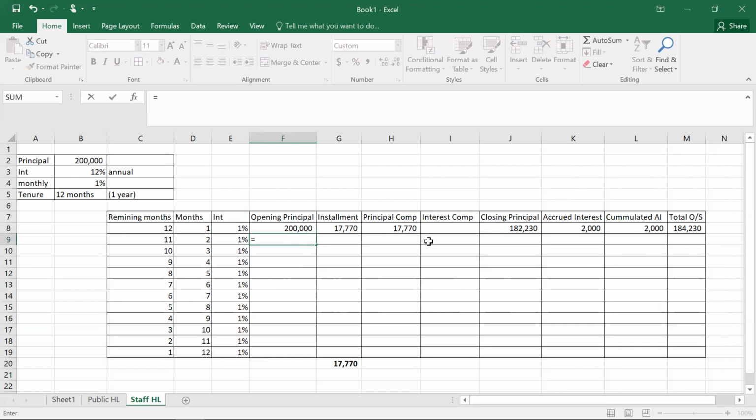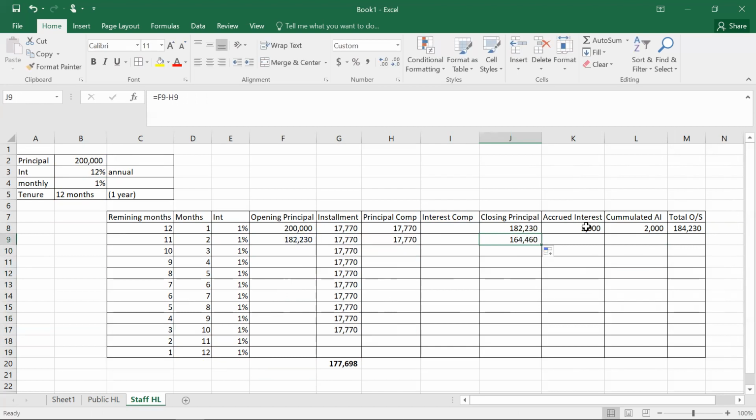Now the closing principal of the first month is the opening principal of the second month. Again, the installment is what it is, so I will drag this down. The entire installment is the principal component. So closing principal is how much? Opening principal minus the principal component.